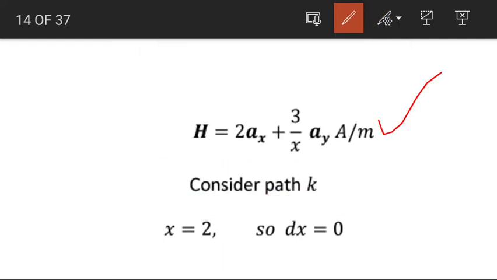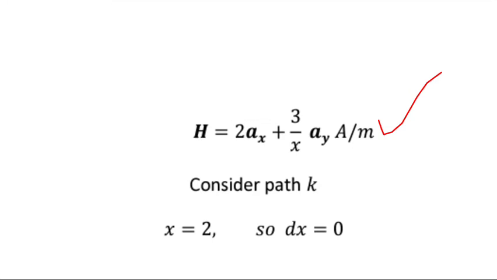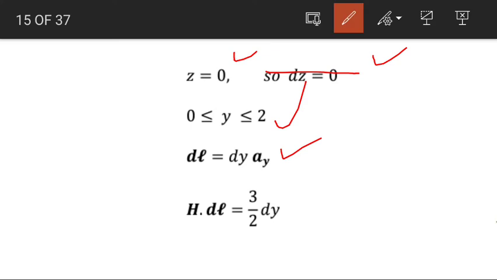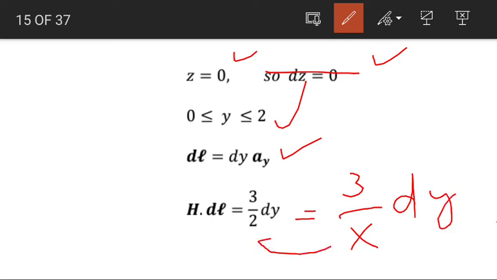If we calculate H dot dl, it gives you 3 by x into dy. But x along this path is constant, which is equal to 2. So H dot dl will be equal to 3 by 2 dy.